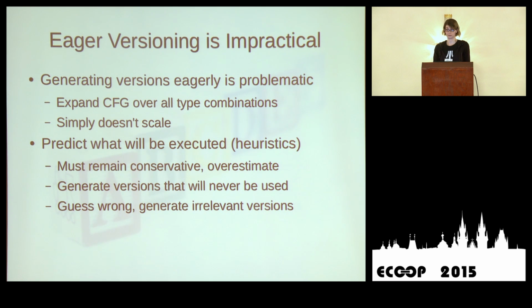You get an explosion in the number of versions very quickly. You can try to predict which versions for which type combinations are going to be useful, but this is tricky because you need some sophisticated heuristics or maybe some profiling, and you're going to be wrong inevitably in some cases. So you're going to generate versions that are actually irrelevant in practice, that are not needed.